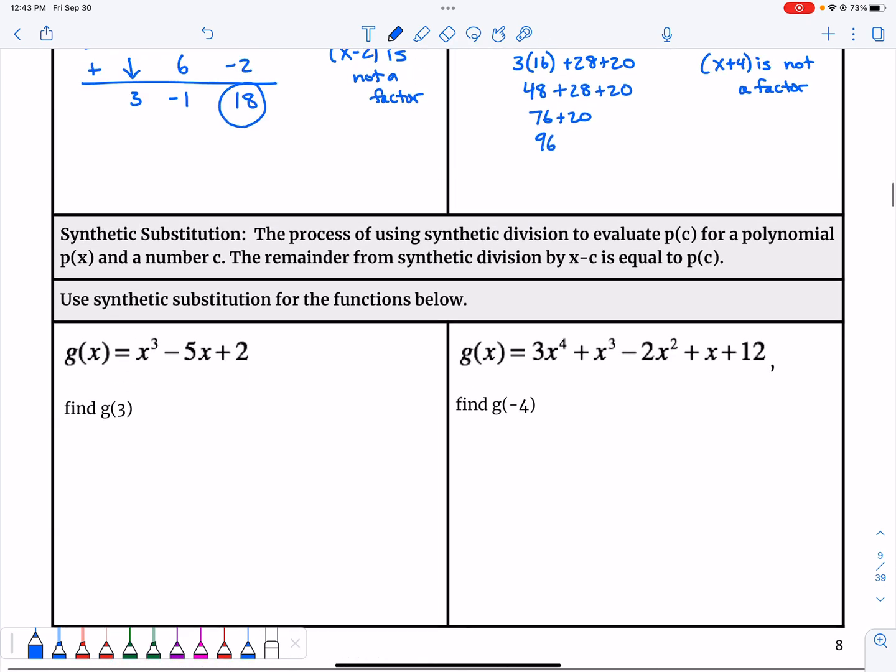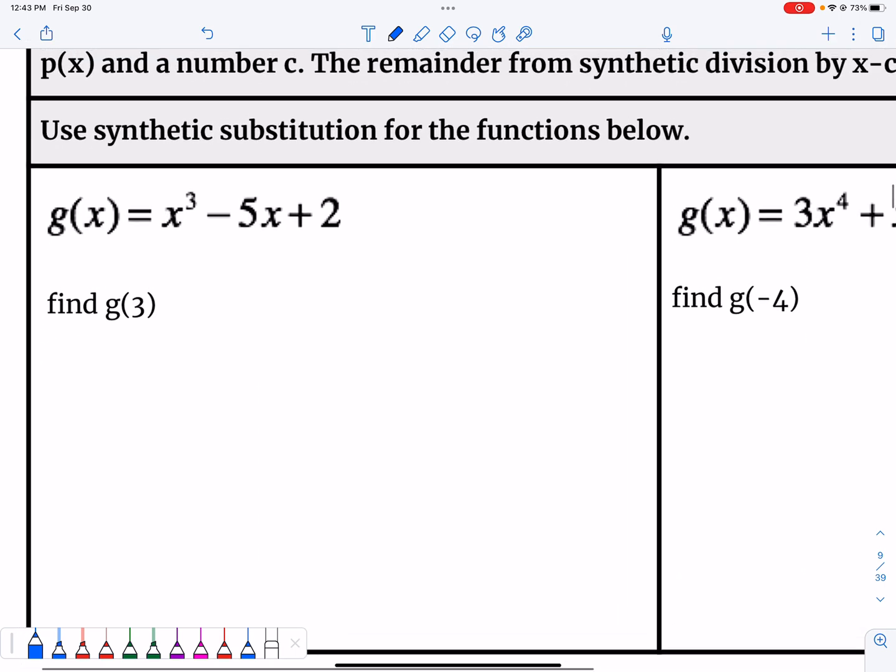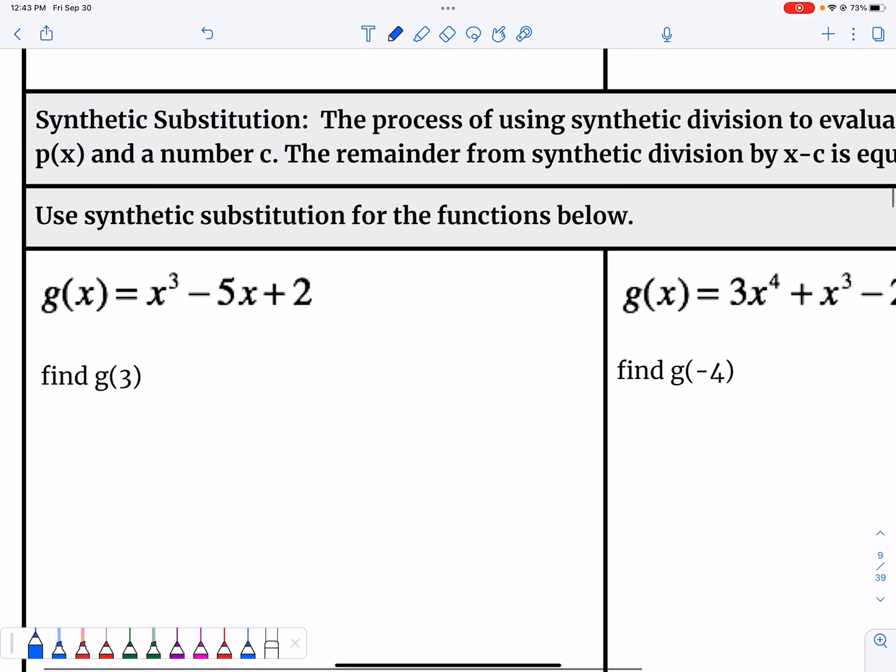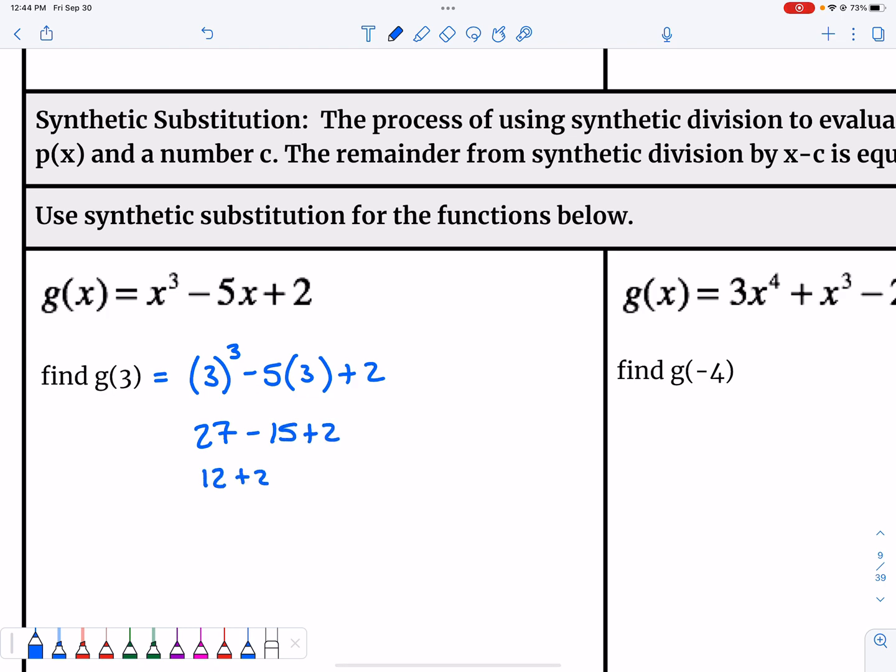All right, just 2 more to go. So this one wants us to do synthetic substitution. So you just have to find g of 3, which we've done before. So just plug in the 3 for the x. So we would get 27 minus 15 plus 2, which would give us 12 plus 2 is 14.